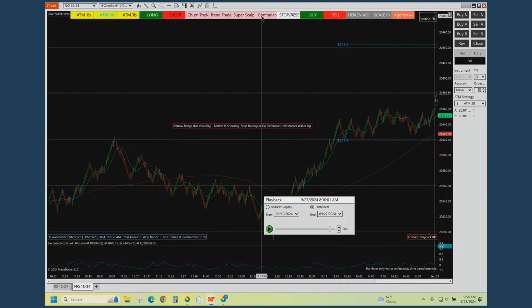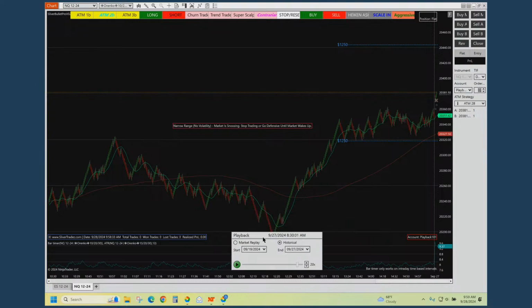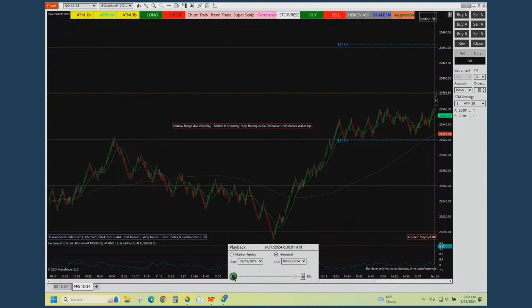And then I'm going to use contrarian because now that I have played the data once, I know this wasn't a trending market, which I was thinking initially because there was a nice trend and market opened above its previous day's close. So I was thinking that it's going to be trending market, but it turned out to be a range bound market. But since I know it's a range bound market, I'm going to use contrarian, and I use scale in and aggressive, which I normally do. And I will let the software run again.